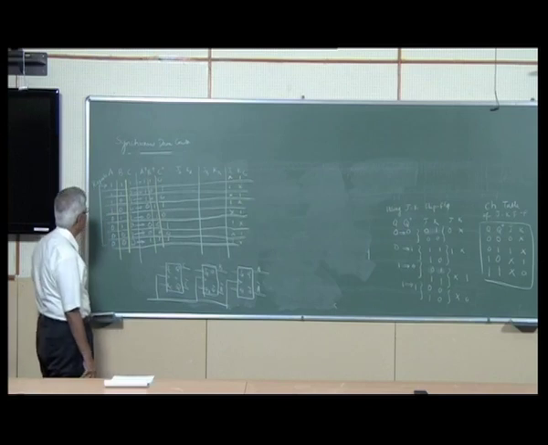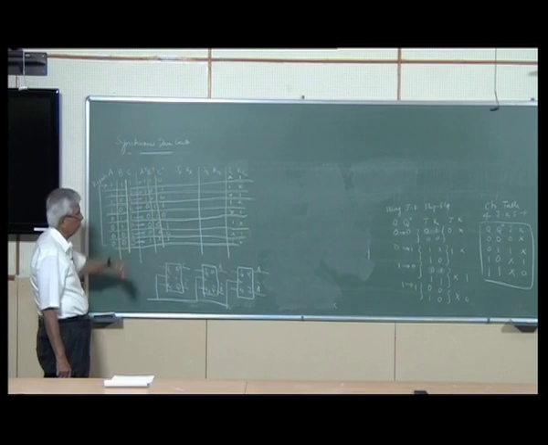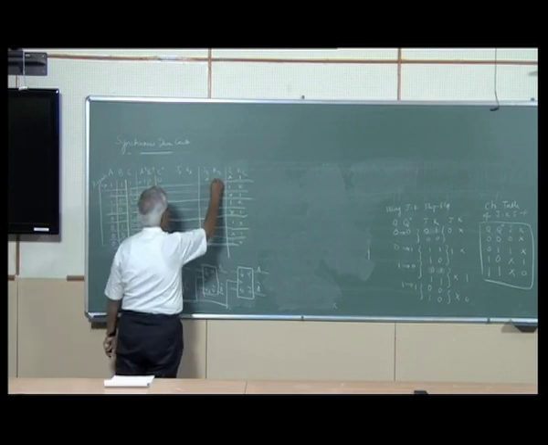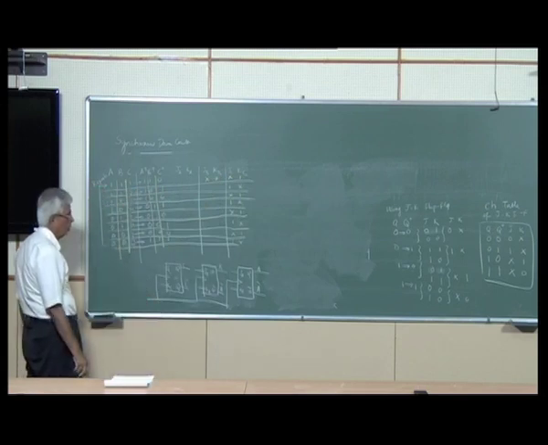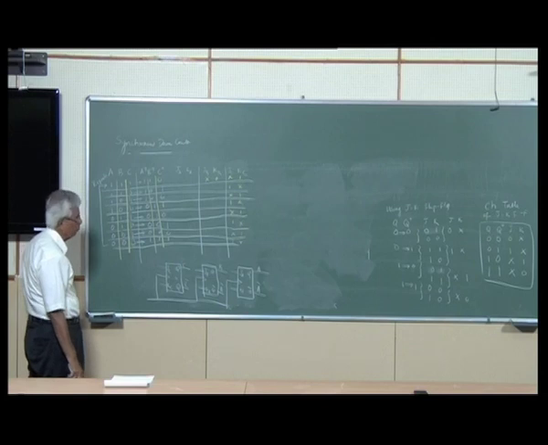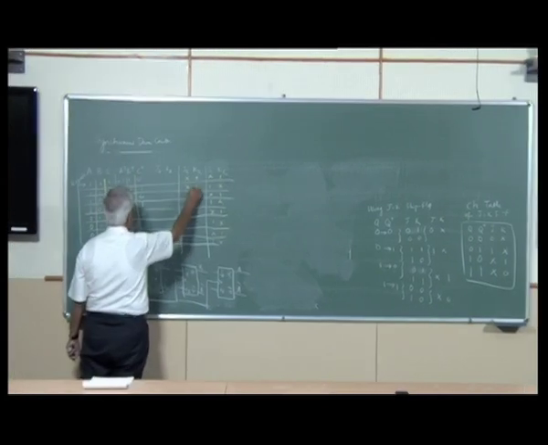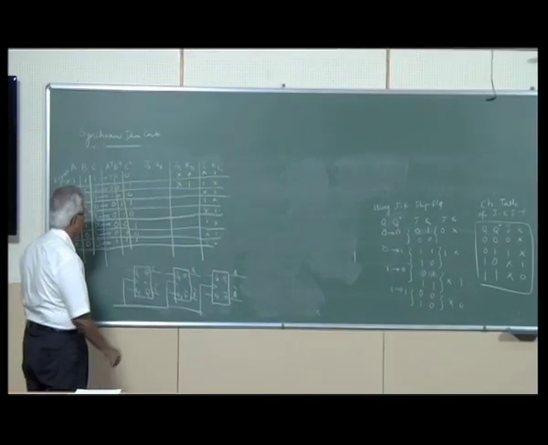Now, next B, present state of B and next state of B, 1 1, 1 1 is don't care 0, 1 1. Then it is 1 0, 1 0 is don't care 1, 0 1, 1 don't care.